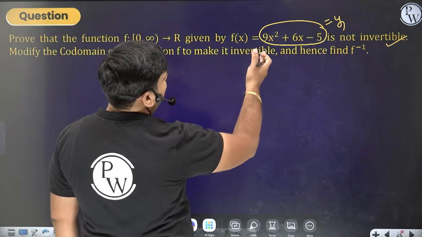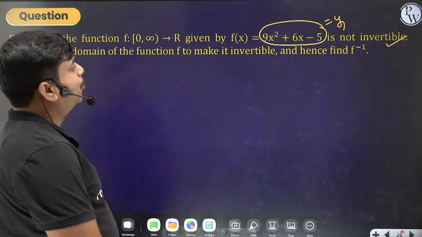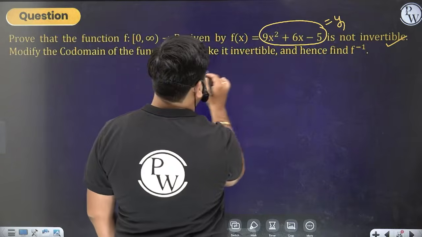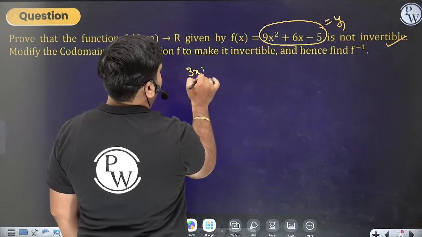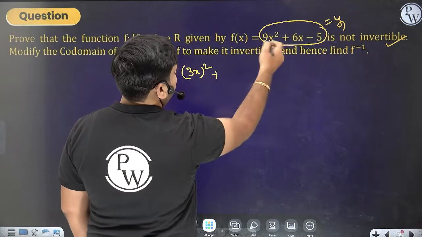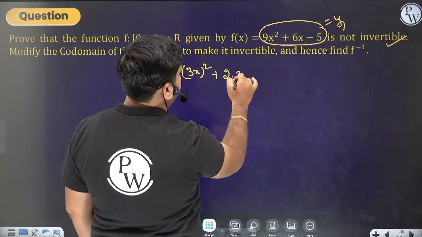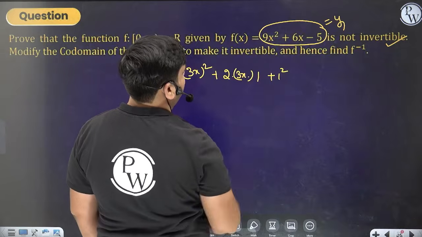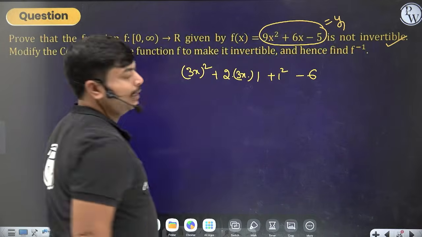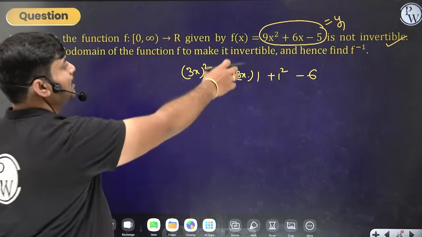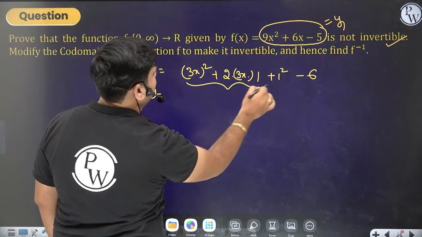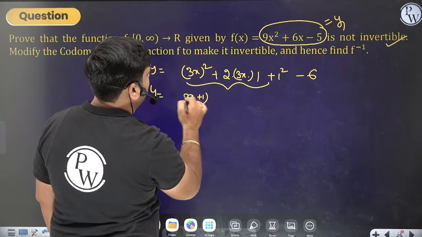Bringing x out is difficult, but we'll try to make this into a perfect square. 9x square is 3x whole square, right? 3x whole square plus 2 into 3x into 1, so plus 1 square should be there, and we'll be left with minus 6, correct? I'm just adjusting these terms. So I have y equal to 3x plus 1 whole square minus 6.